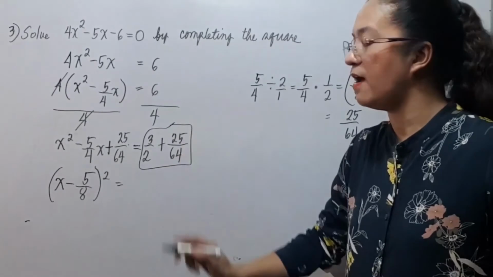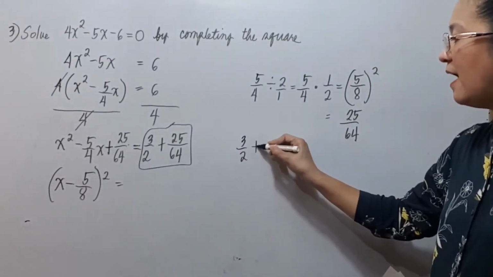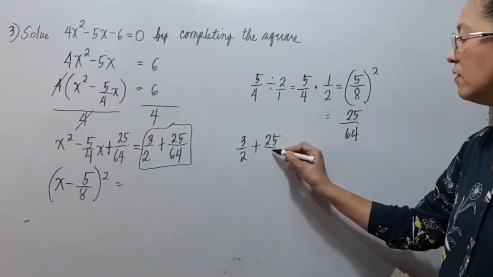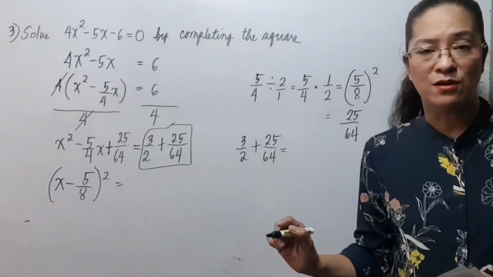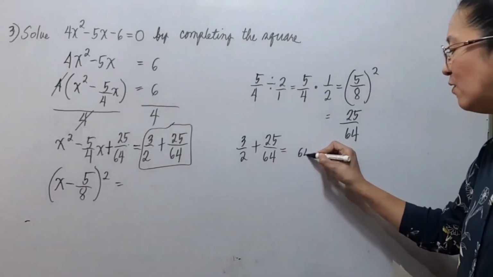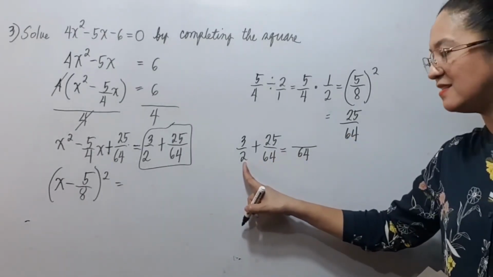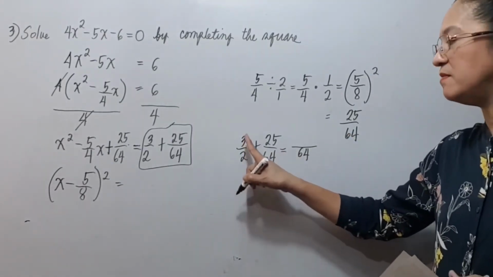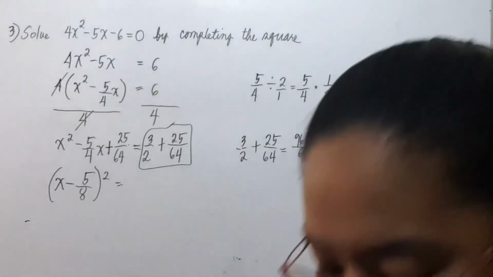Mukhang mahirap. So, we have 3 over 2 plus 25 over 64. Magkaiba ng denominator. What's the LCD? Okay, the LCD is 64. So, 64 divided by 2 is 32. Times 3 is 96. Ayan.